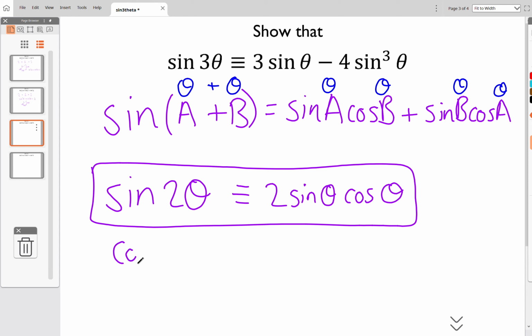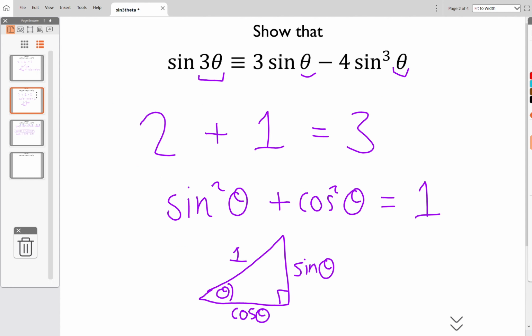For cos 2 theta, there's actually a few options. Now I'm not going to go through and prove these, but the first one we tend to derive is that. Using the identity on the previous slide, where we have sine squared plus cos squared equals 1, we can actually do some swaps. So we can say that 1 minus cos squared theta is equal to sine squared theta, and also the same with the other way around.